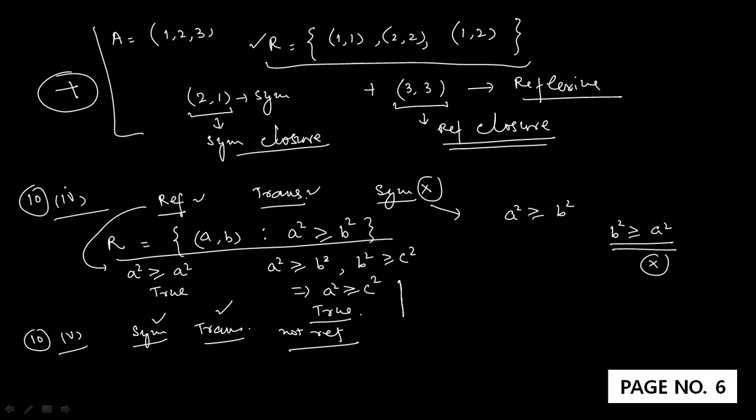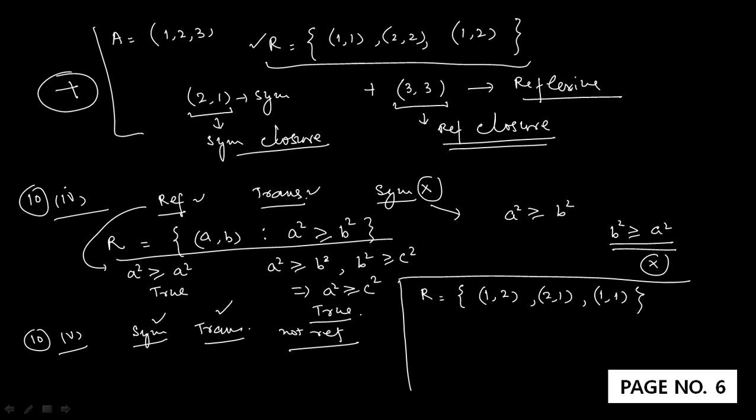Suppose I am generating a pair like this, R is equal to (1,2), (2,1), then (1,1), from the elements belonging only to 1, 2. Suppose this one is the set.